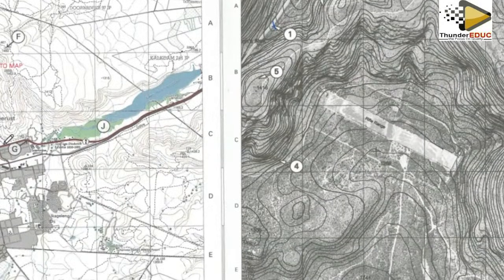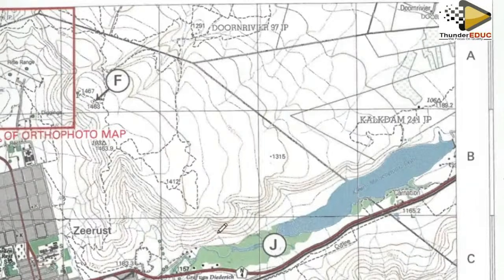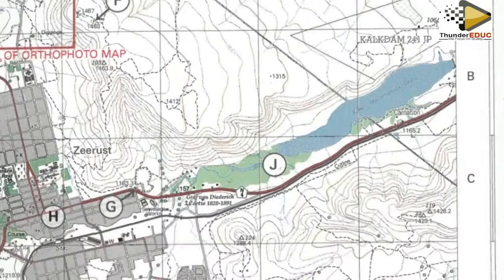Sorry, it's not clear, but I'll try to zoom it out and see. Then when you zoom it out, you'll find out that the benchmark is here. Therefore, the height for that benchmark is 1,183.3 meters.